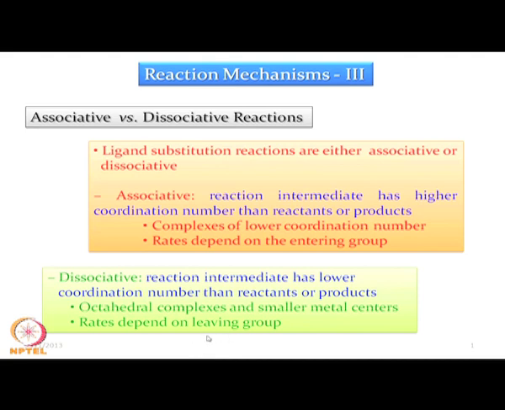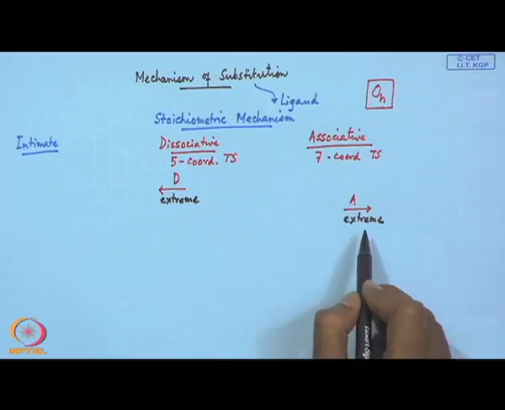That means the group which is leaving to give rise to the 5 coordinated species will control the rate of the reaction.